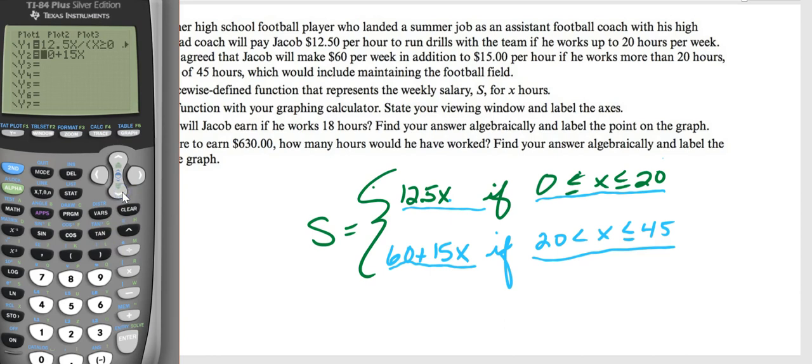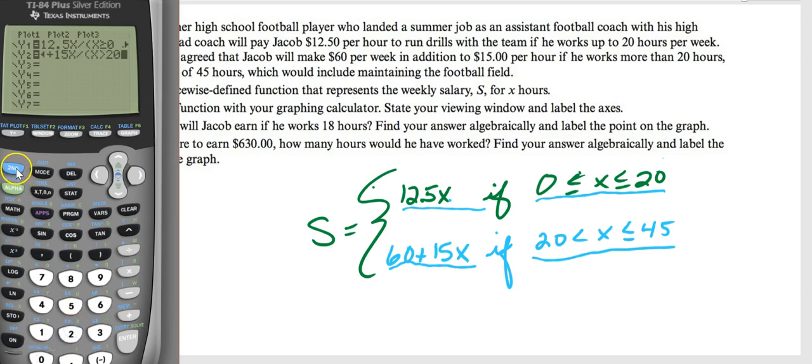Let's do the second one. So once again, I'll say divide, parenthesis. This could be broken into two inequalities where x is greater than 20. So x, second math, I'll use the greater than symbol, 3, and 20.